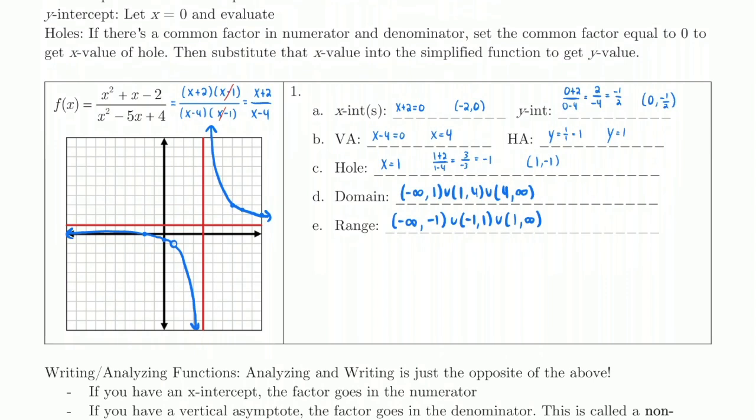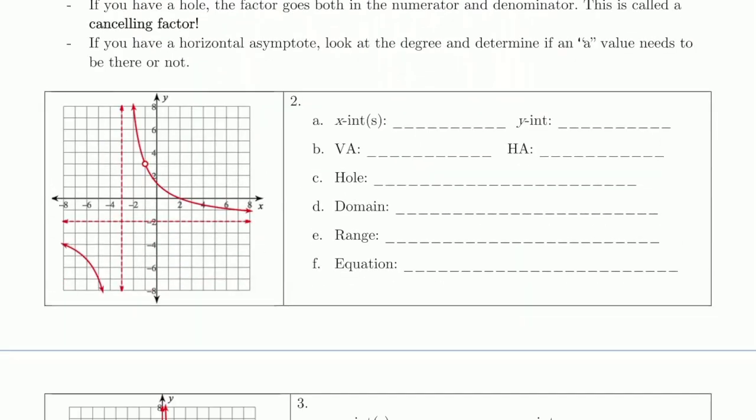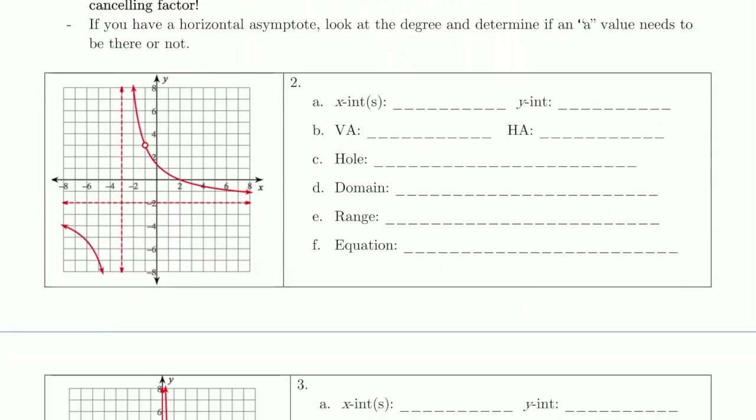So now we're going to be working backwards in this video, where we're going to be given a graph this time, and then we're going to have to write an equation for that based off the information. So first off, let's just start in order here. We have our x-intercept here at 2, so I know I get my x-intercept at (2, 0).